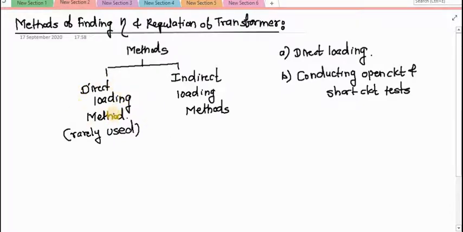Also, as we are connecting the load across the secondary of the transformer, a large power loss is involved during this test. So this method is rarely used. On the other hand, the open circuit and short circuit test, which is conducted on the transformer for finding out efficiency and regulation, gives us the desired results without actually loading the transformer.